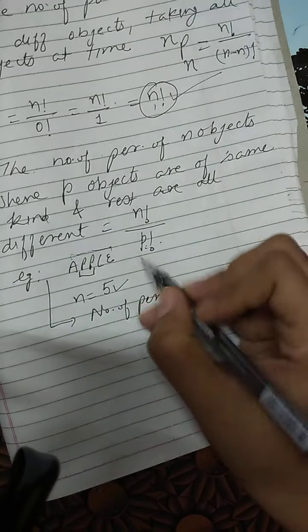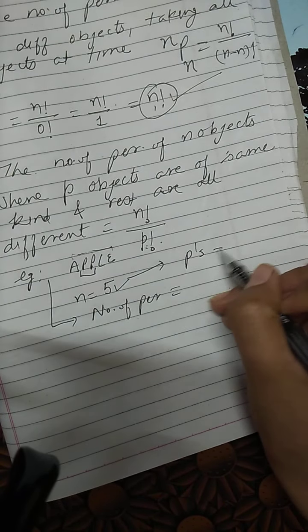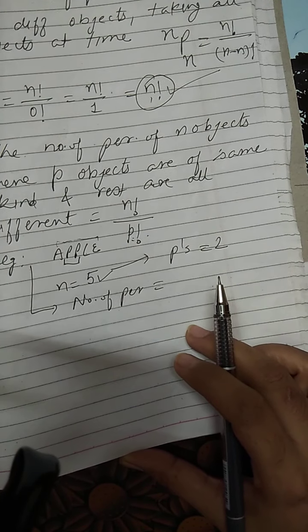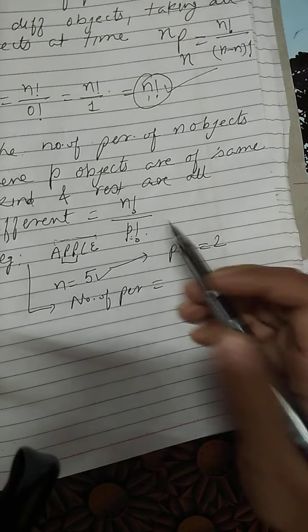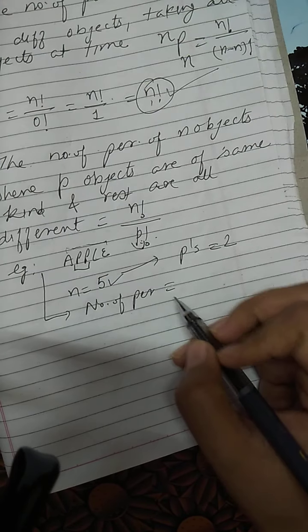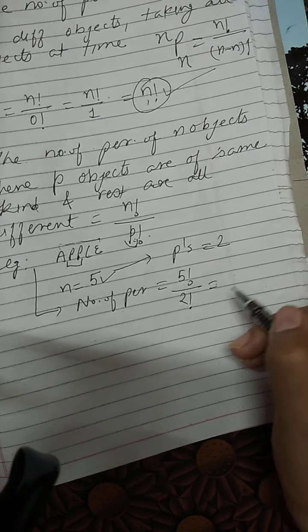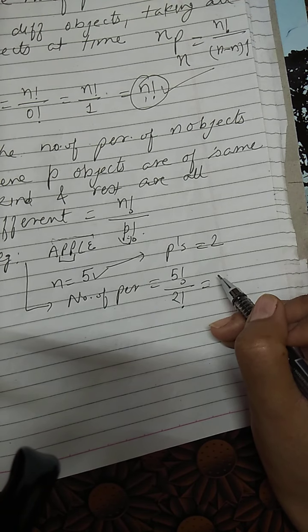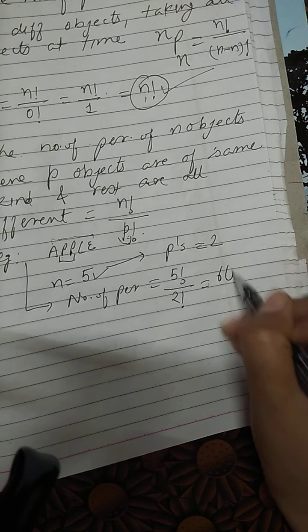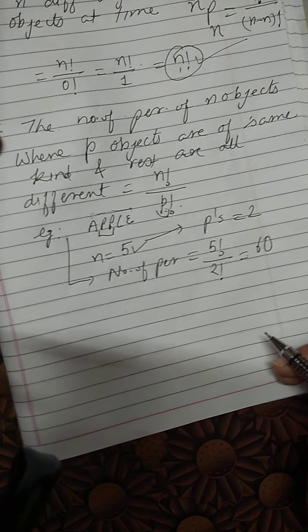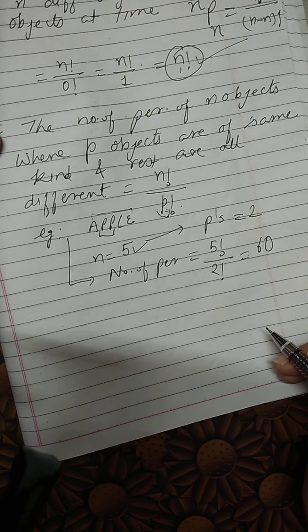So here how many p's we have? There are 2 p's, right? 2 p's means 2 letters are there which are similar. So the value of this p will be here 2. So we will get 5 factorial divided by 2 factorial, which will be equal to 5 into 4 into 3, that is 60.